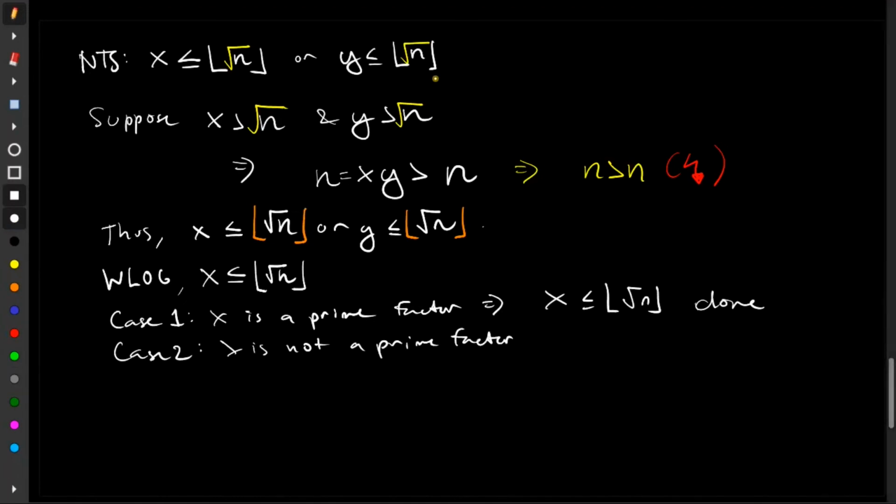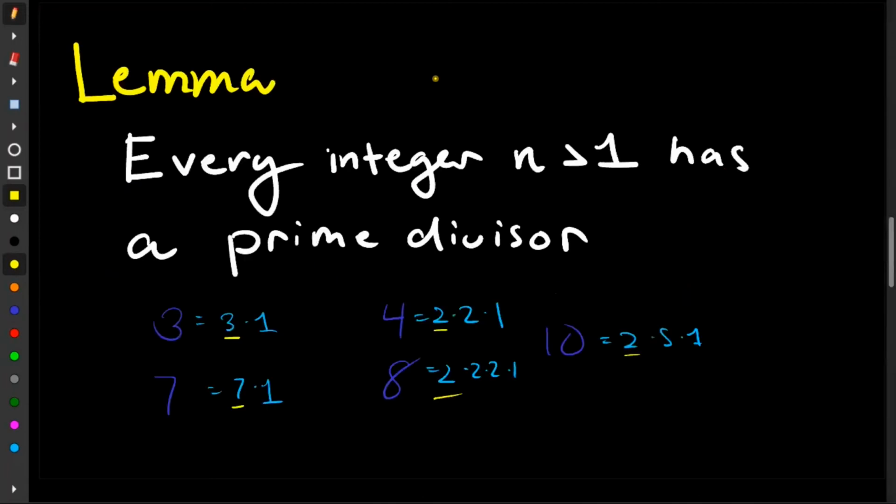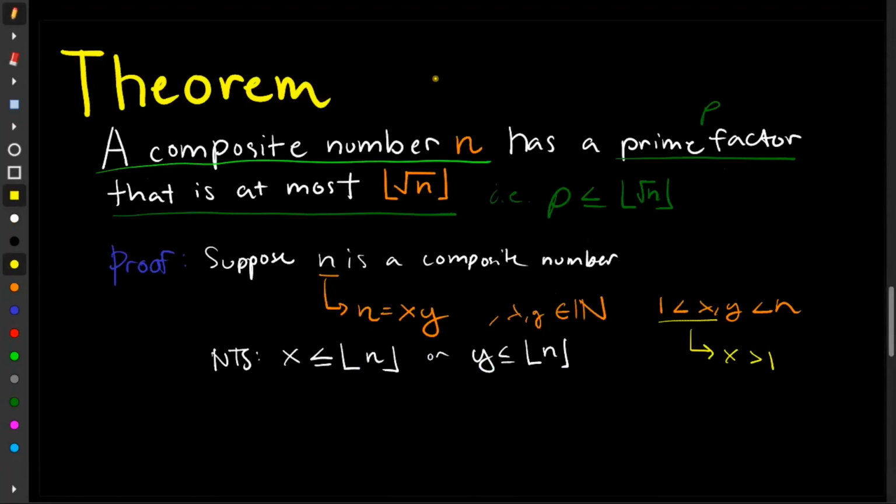Now if x is not a prime factor, then we know first that from over here x is greater than 1, which implies that we can use this lemma, since x is in the natural numbers, which is a subset of the integers. This is indeed true, since the natural numbers deal with only positive integers, while the integers include positive and negative.